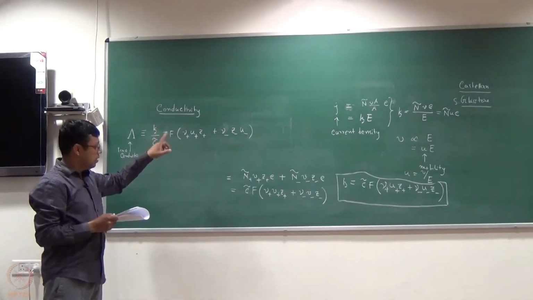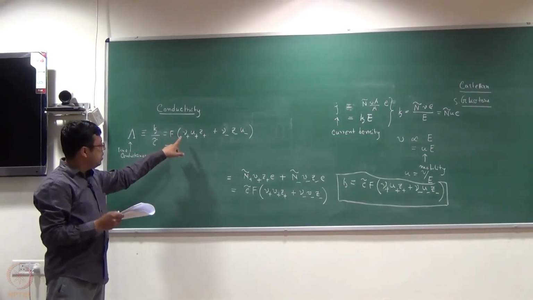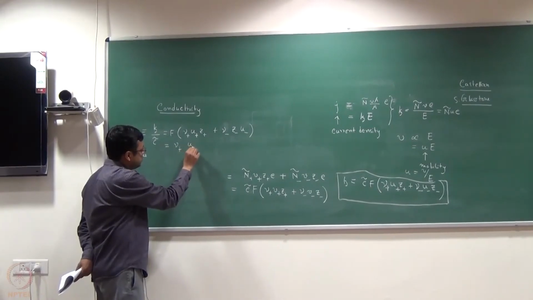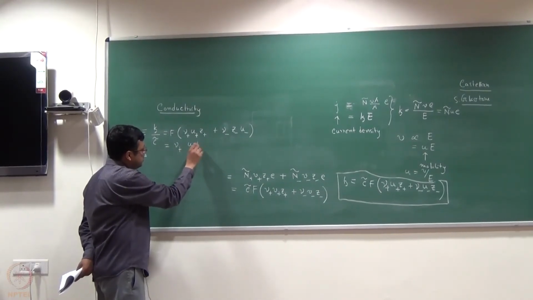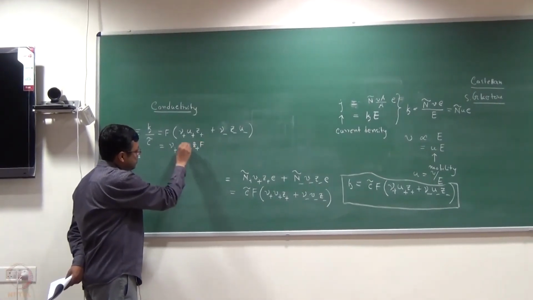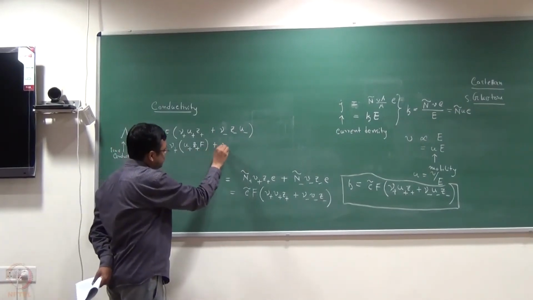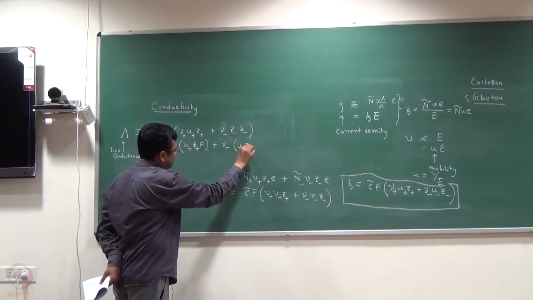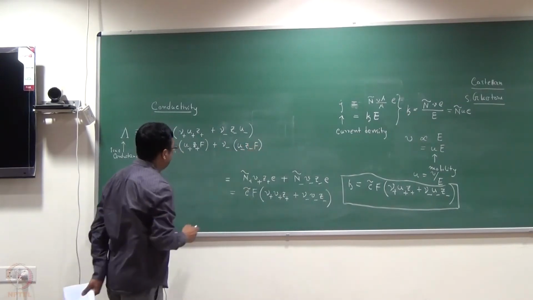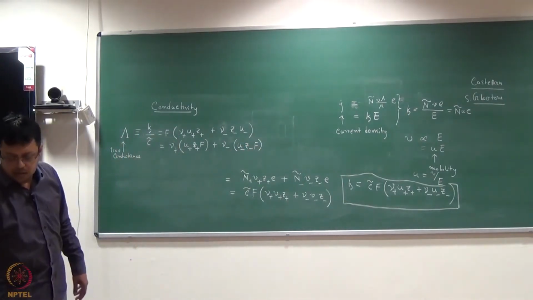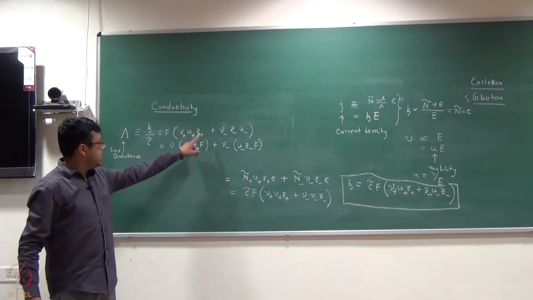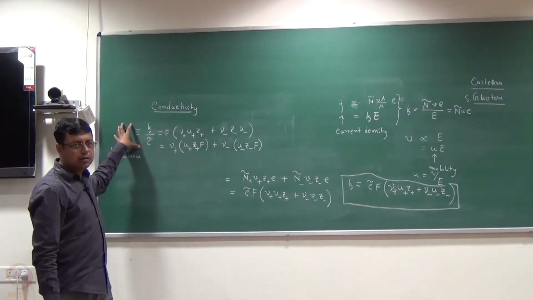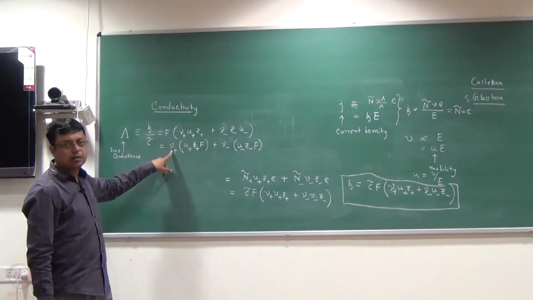Now think about it. This will again have the dimension of lambda, because the rest is just a number.